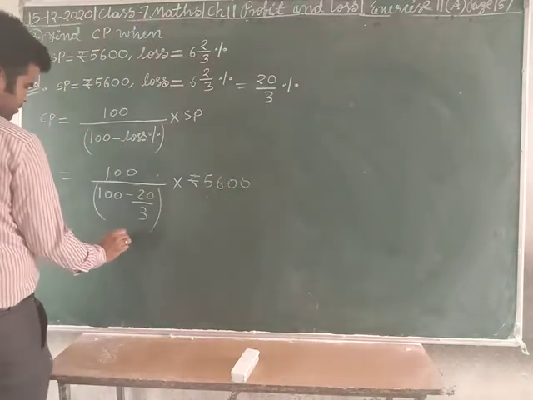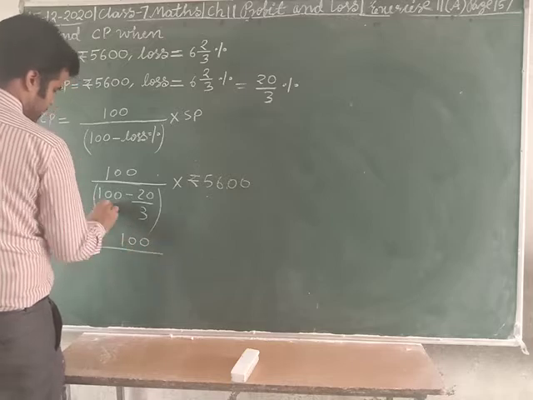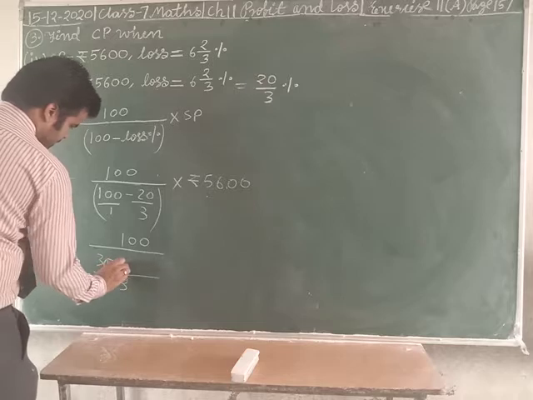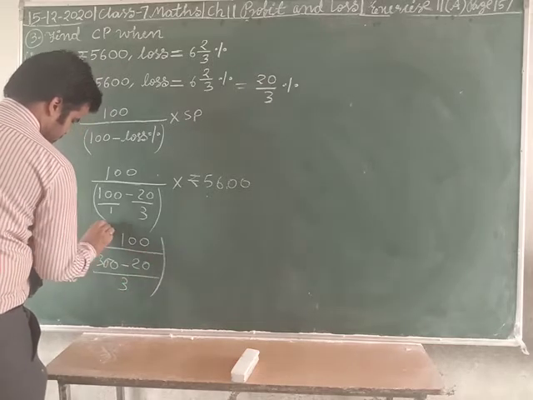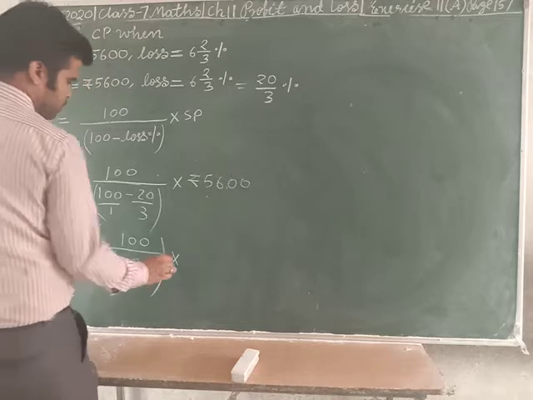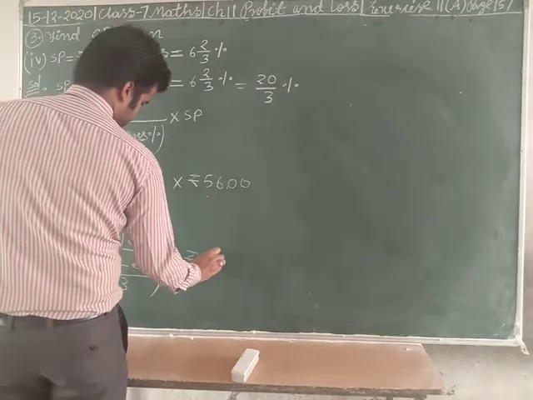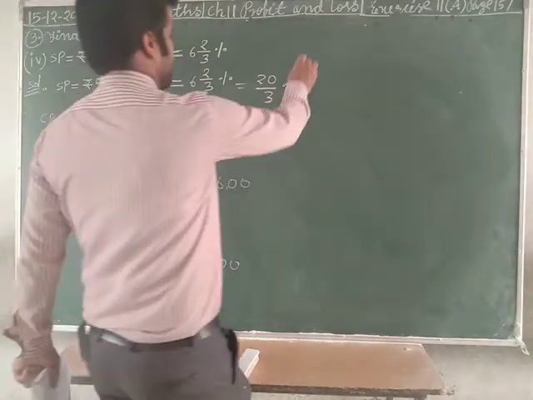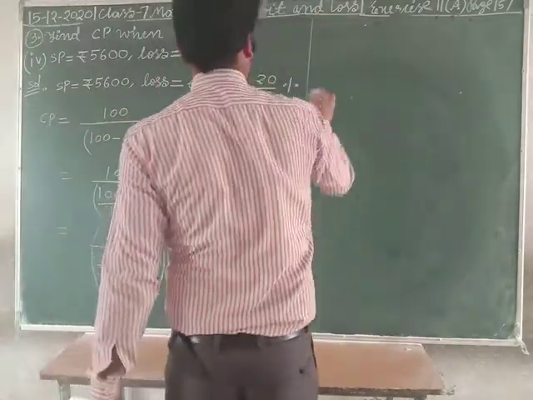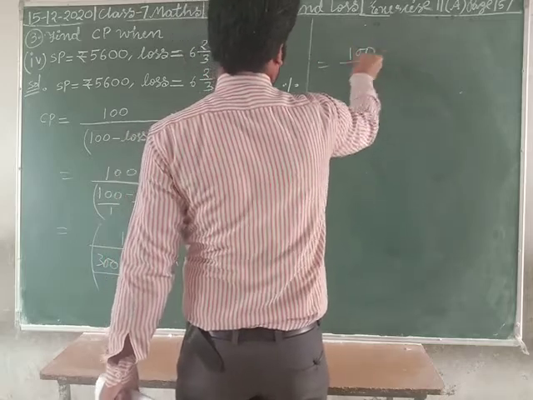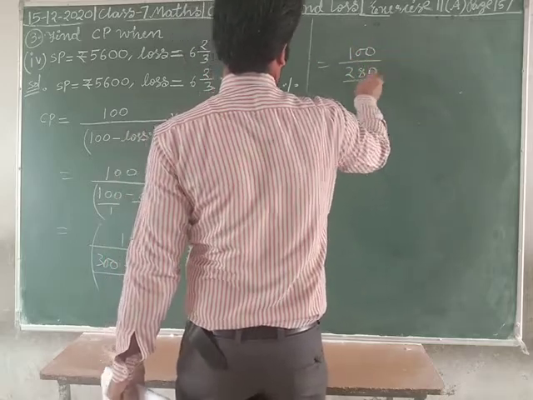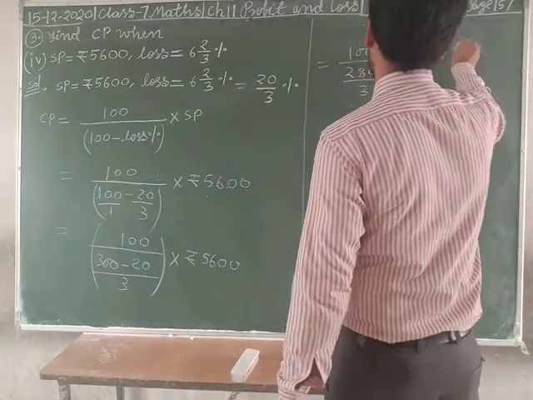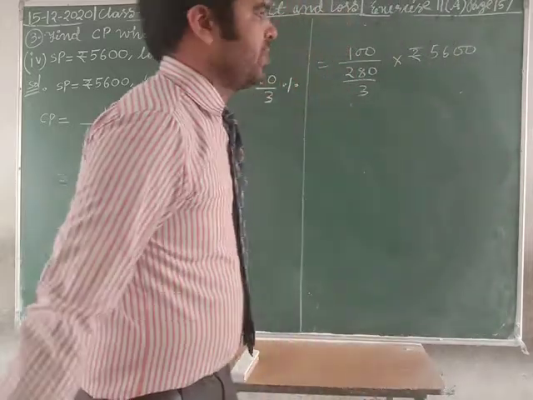Then 100 upon, here will be what? 3 into 100 is 300 minus 20, into rupees 5,600. Now students, here I write 100 upon 280 upon 3 into rupees 5,600.